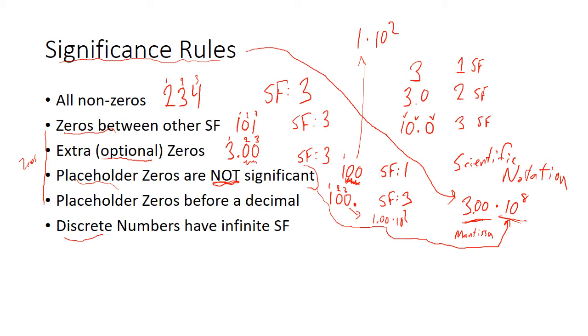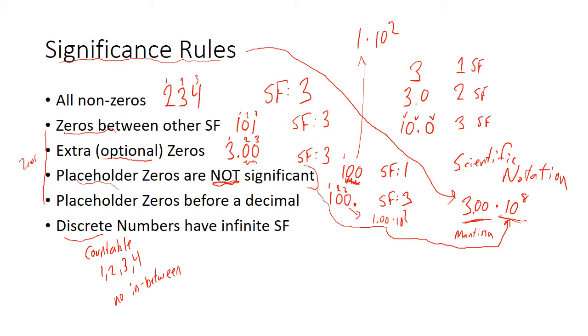What's a discrete number? A discrete number is something that's countable, something that has, like in a series or a sequence here, you've got 1, 2, 3, 4, no in between. Right?